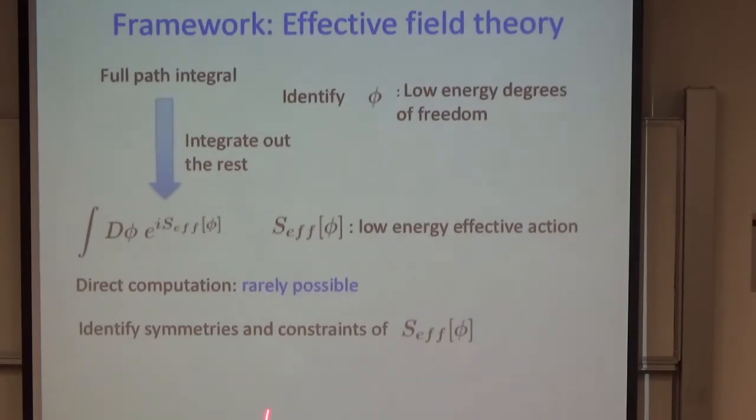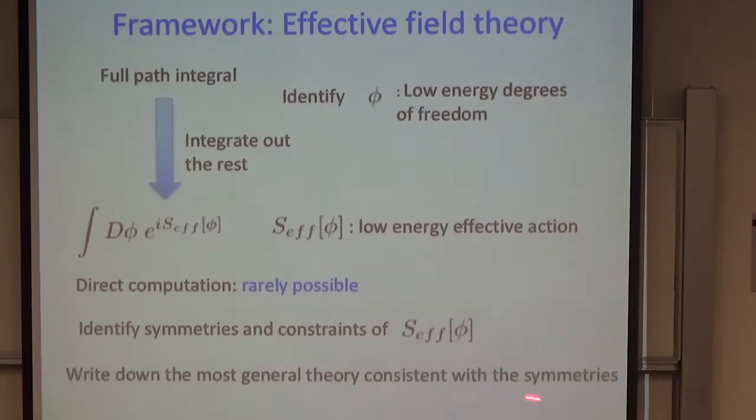You identify the symmetries and constrain the effective action to satisfy them. Then you write down the most general effective action consistent with those symmetries and constraints, and that will be enough to describe your low energy physics. And this is first principle, because you only identify the degrees of freedom and the symmetries. There is no other phenomenological input. That's how we derive the pion theory, the theory for superconductors, and that's also how the standard model works.